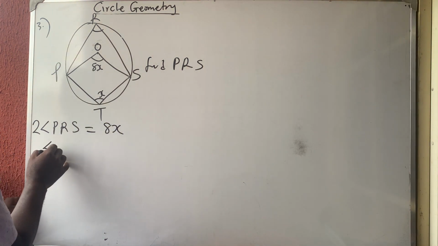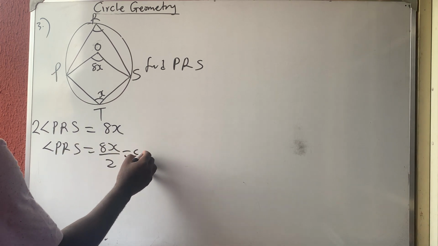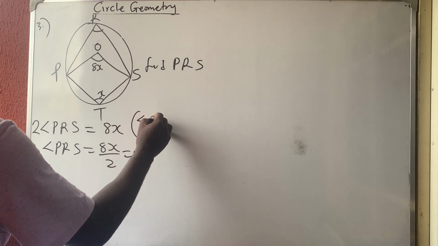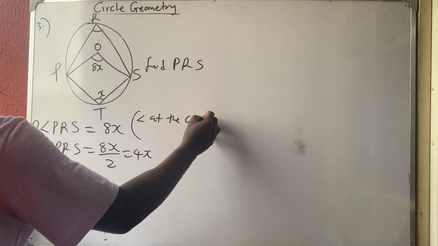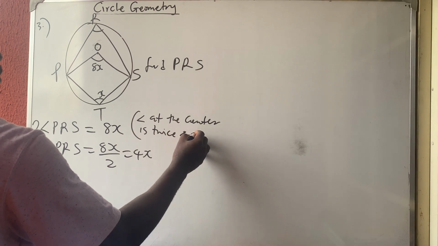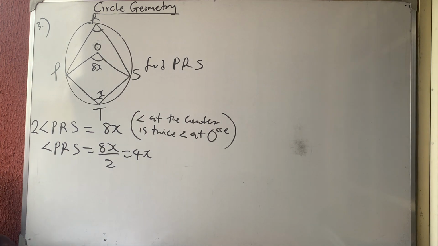So angle PRS is equal to 8x divided by 2, which is 4x. Don't forget the reason. You must write it. The reason is angle at the center is twice angle at the circumference. Okay, so we have gotten that PRS is 4x.